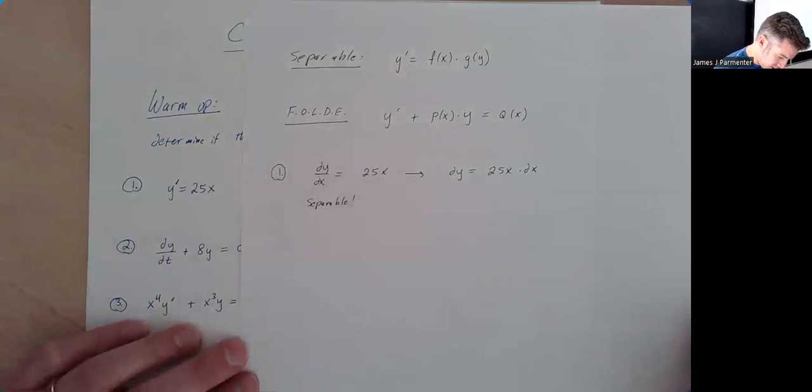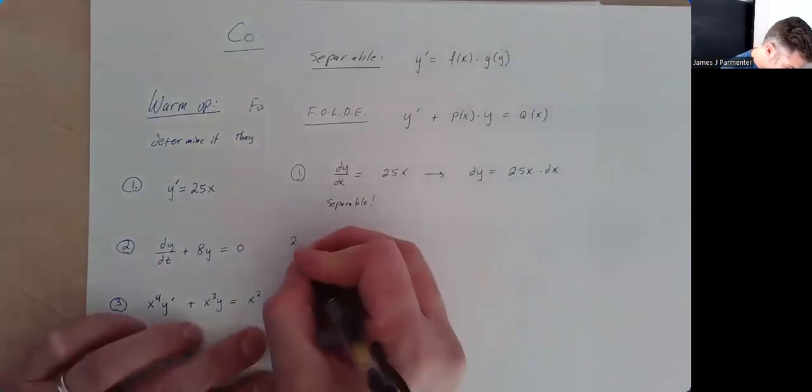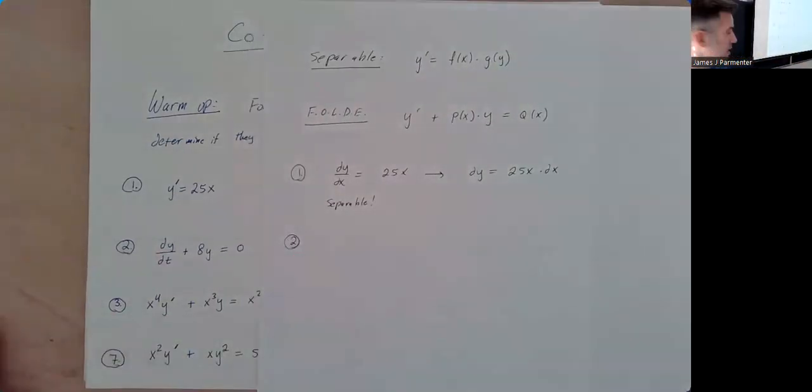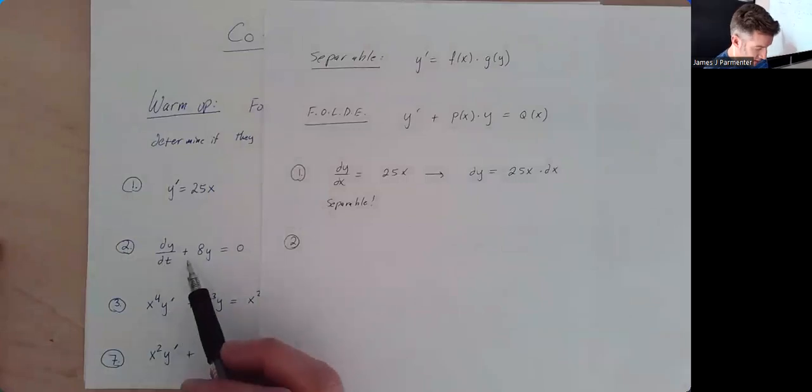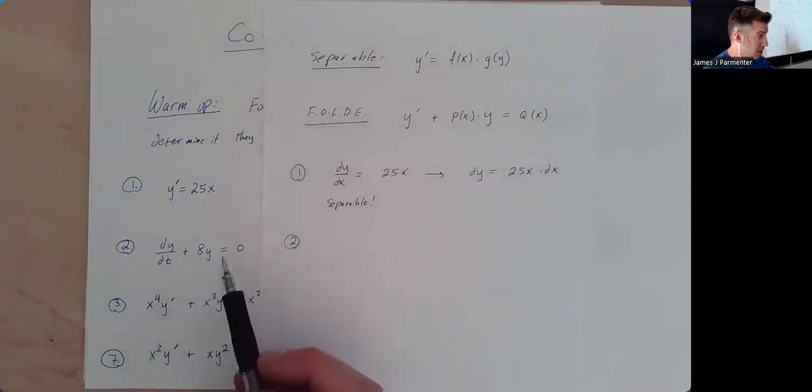But the second one is a little tricky. The second one definitely is written in the format that looks like it's first order linear. And it is. You definitely have your derivative plus a function of x times y to the first equal to 0. It's also separable.